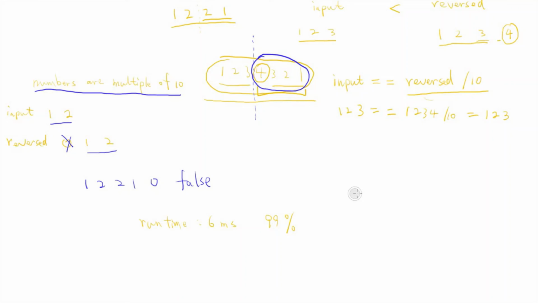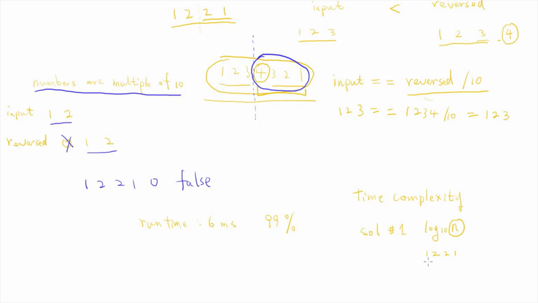And the time complexity for solution number 1 is log 10 n. So n is our input, and for example, our input is 1, 2, 2, 1.